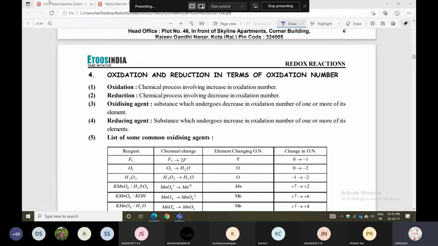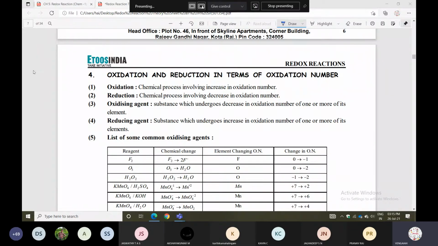An oxidizing agent is a substance which undergoes a decrease in oxidation number of one or more of its elements. A reducing agent is a substance which undergoes an increase in oxidation number of one or more of its elements.